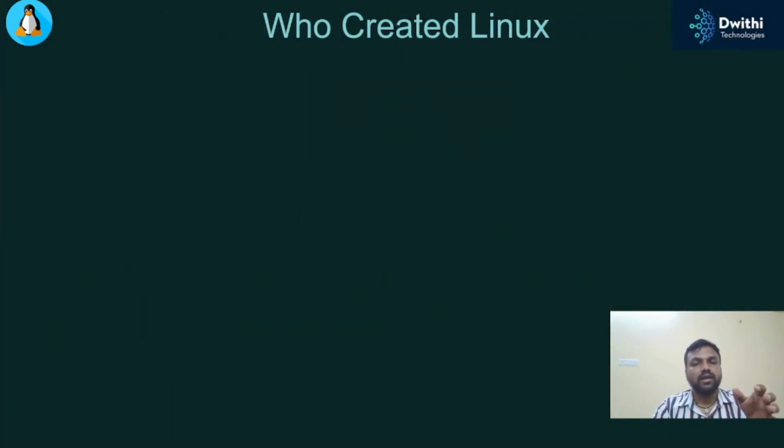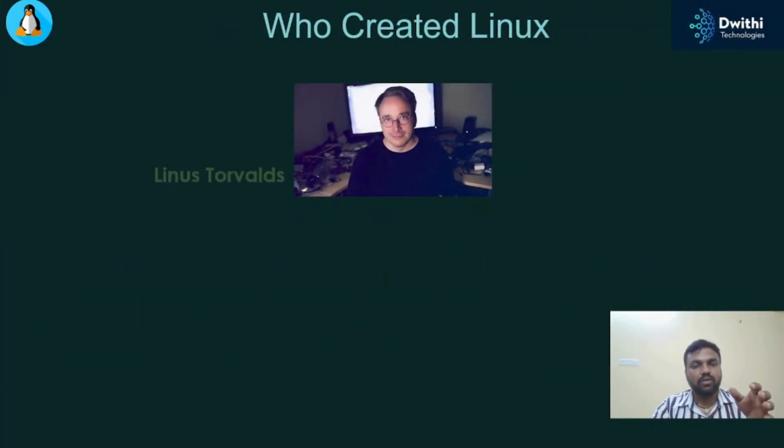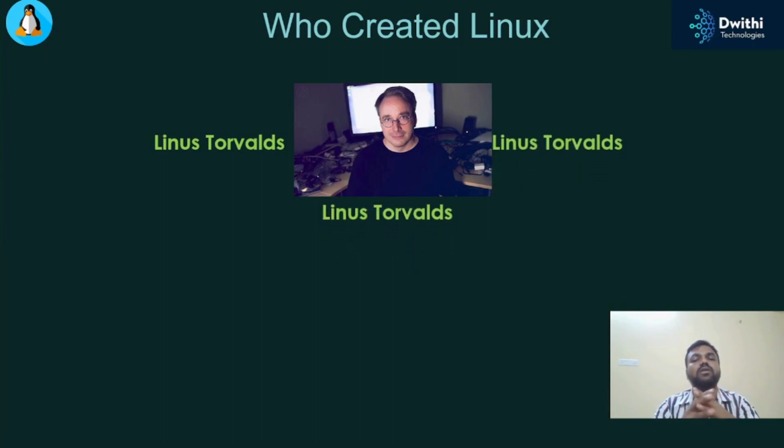And who created Linux? Linus Torvalds, a young person who wrote around 10,200 lines, approximately, and created this operating system and released it for free.